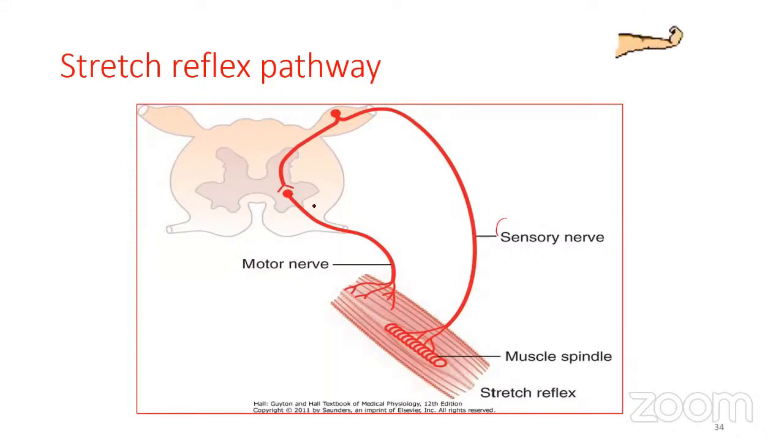These are the afferent, and the efferent is through the alpha motor neuron. But this alpha motor neuron is not going to the muscle spindle. It actually goes to the extrafusal fiber. The muscle has to contract in response to the stretch. So it goes to extrafusal fibers.